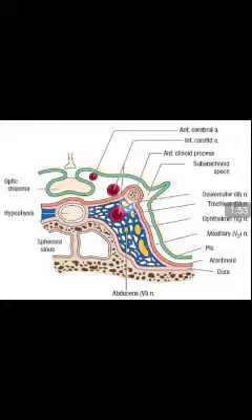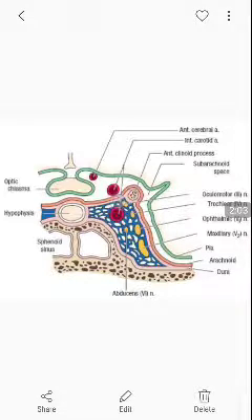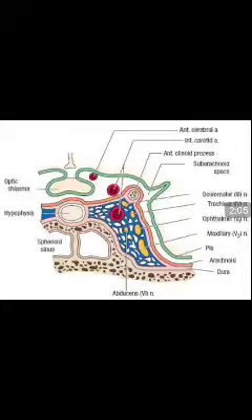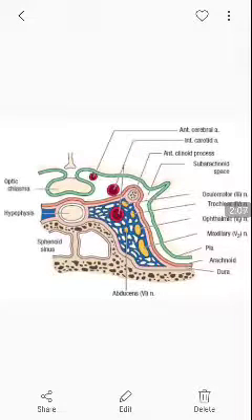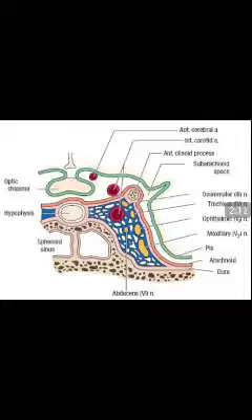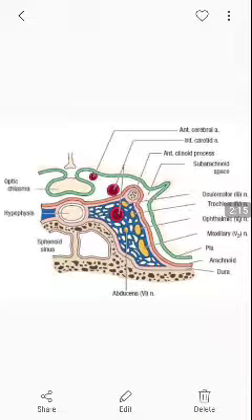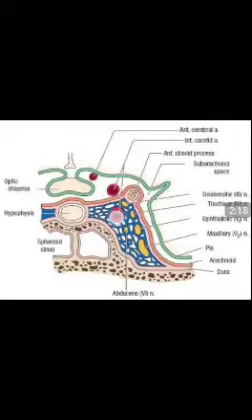The mnemonic for remembering these structures is simple. I use TOMCAT: T for trochlear, O for oculomotor nerve, then M for maxillary division of the trigeminal nerve, then ophthalmic division of the trigeminal nerve, and CA for internal carotid, then abducent.